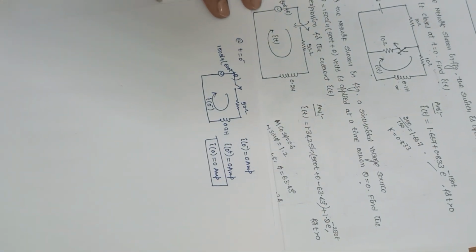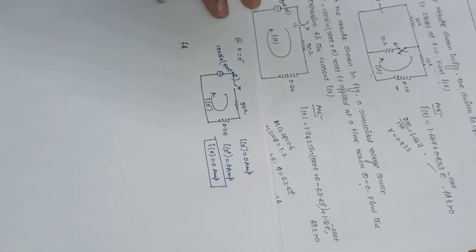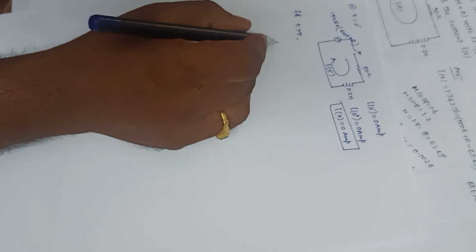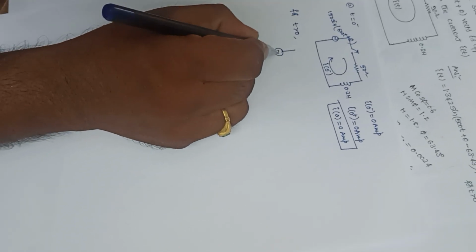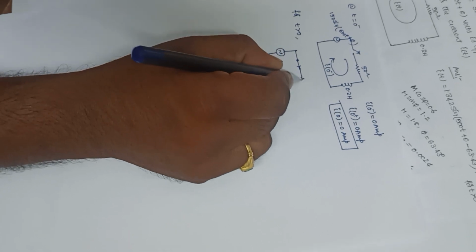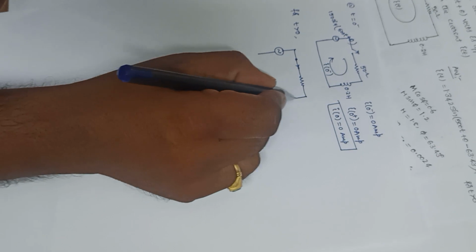Now for t greater than 0, draw the circuit. So this is the sinusoidal voltage and this was connected to this. Now this is an inductance.